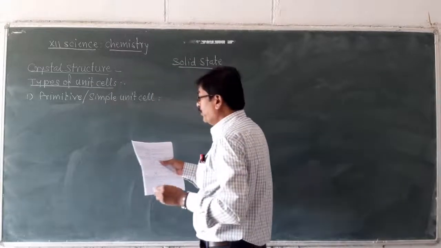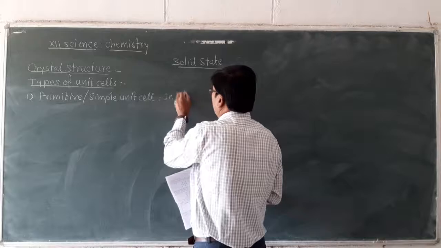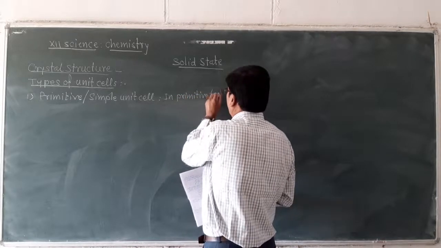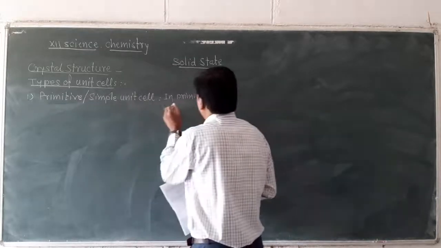What is a primitive or simple unit cell?